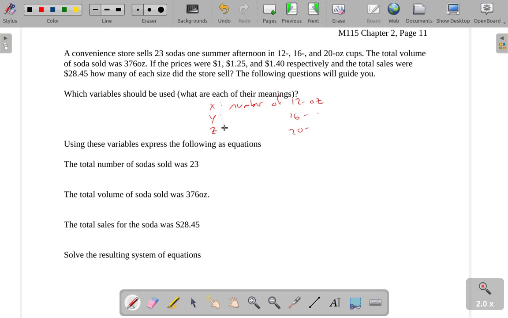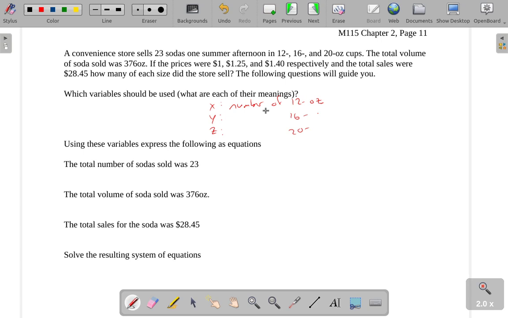So I'm being very specific here with what these variables mean. Whenever you decide what a variable means, you need to be specific. If you just said X is 12 ounce cups, then is that the number of cups that are sold? Or maybe it was the price that they sold for, or the total price that you gained from them, or the total amount of liquid that they held.